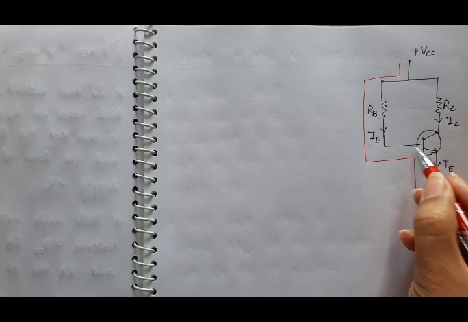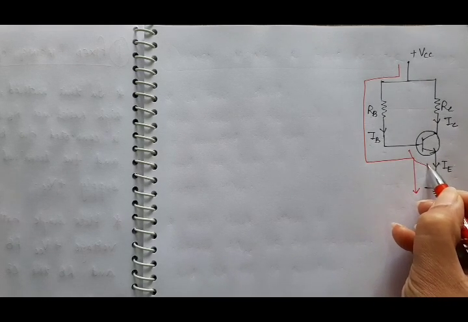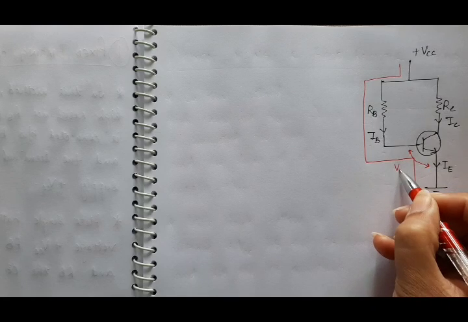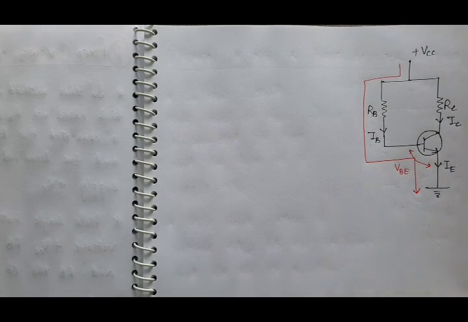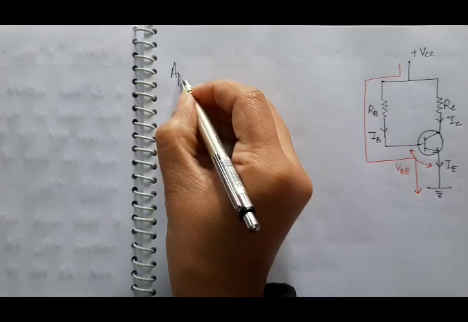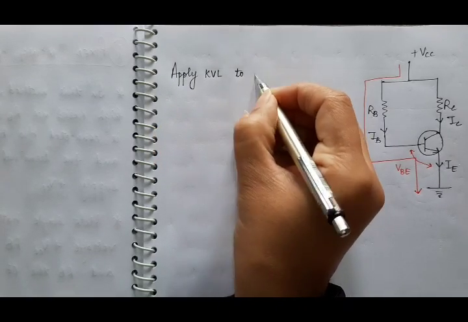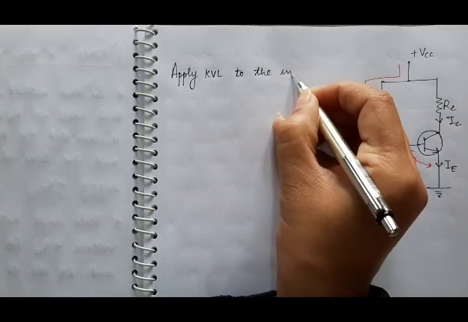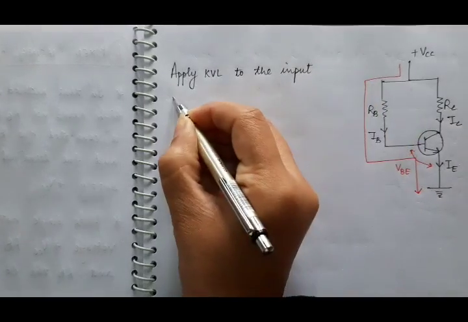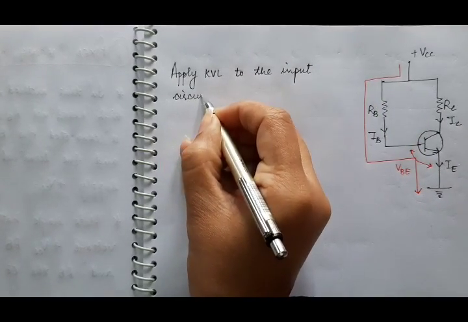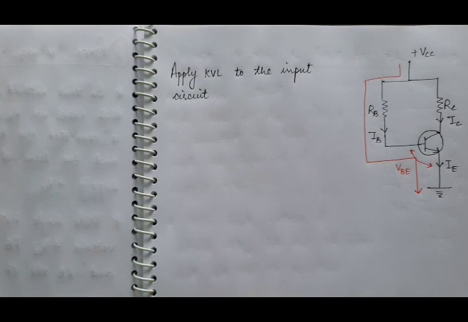And the voltage between this base and emitter is VBE. So apply KVL to the input circuit. What will it be?